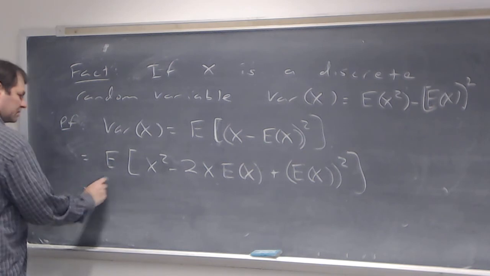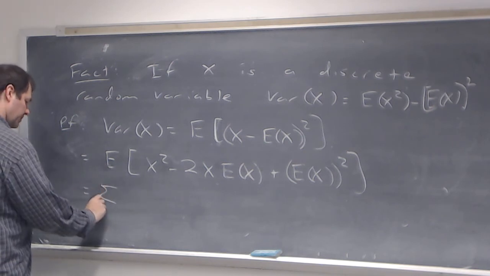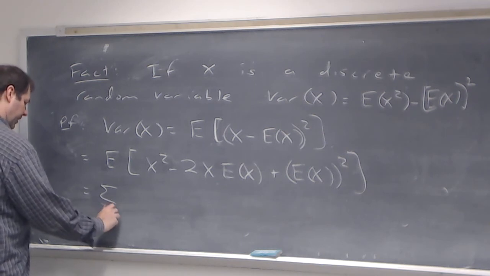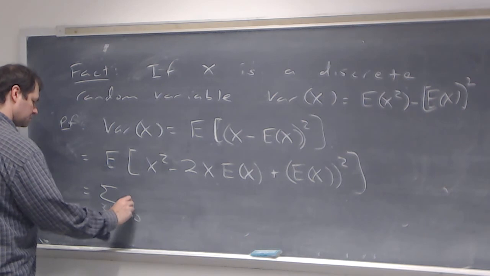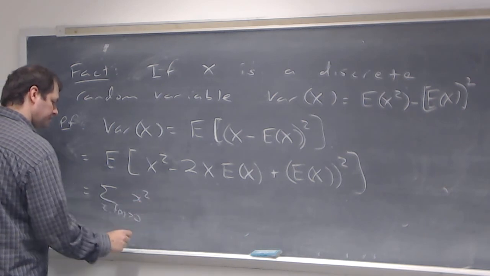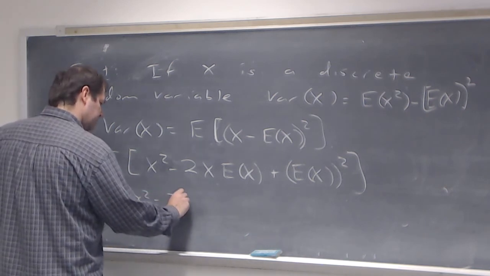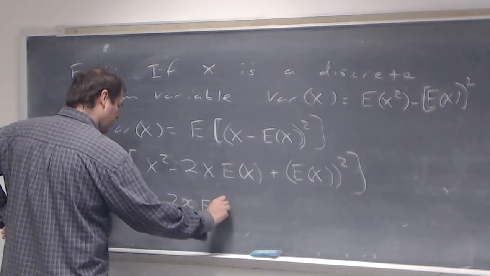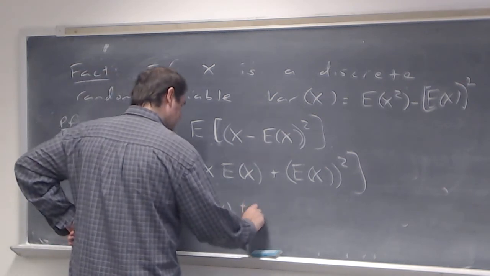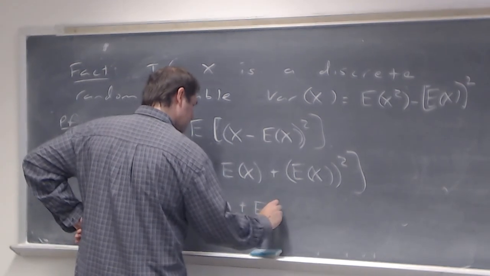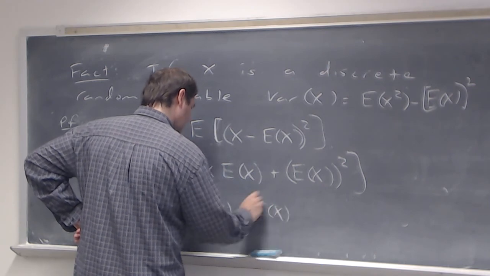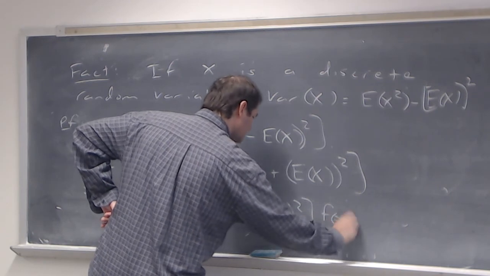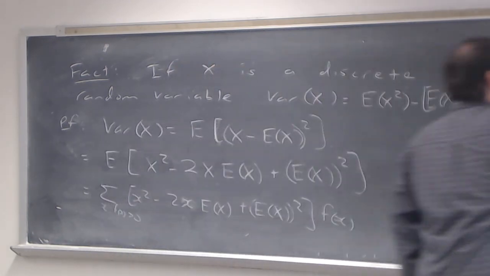Okay, now this is a sum, so it's the sum over all the output values for x where f of x is greater than 0 of x squared minus 2 times x times the expected value of x plus the expected value of x, quantity squared, all that times f of x, the PMF.